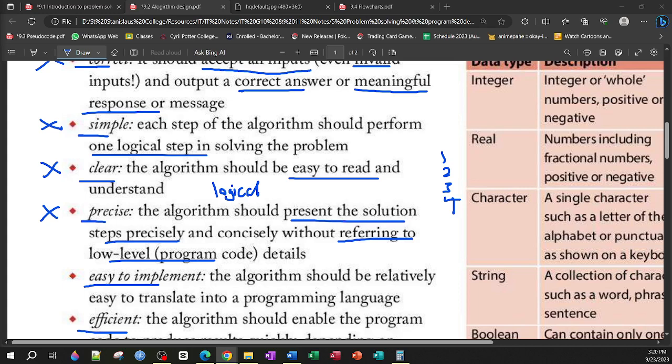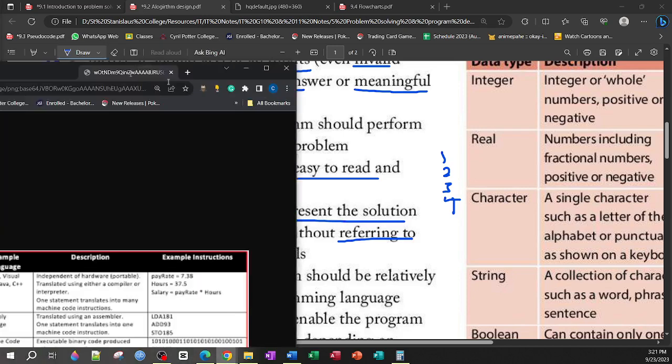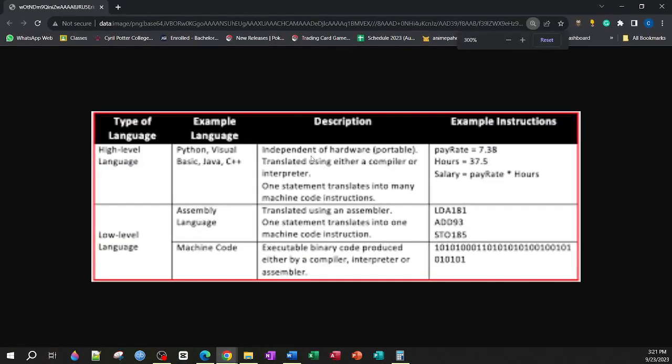All right. So there are different levels.